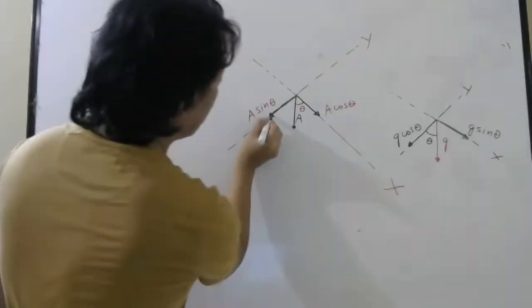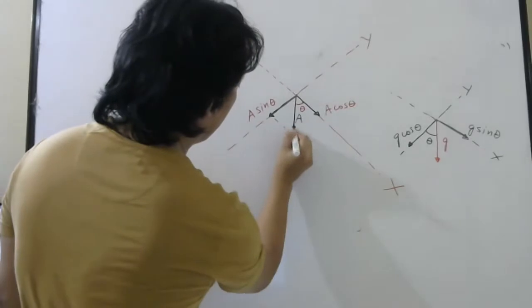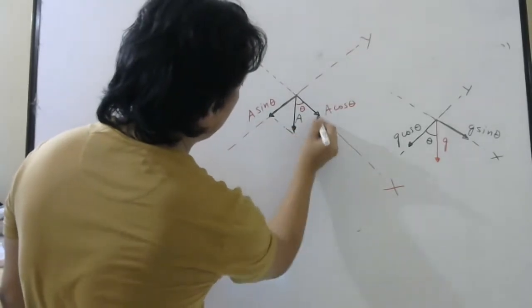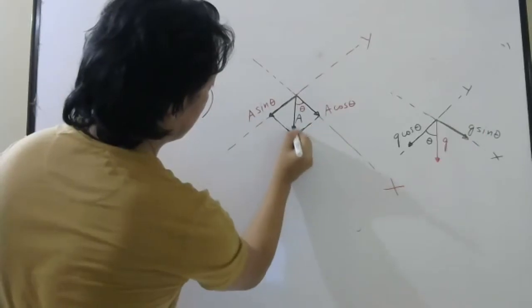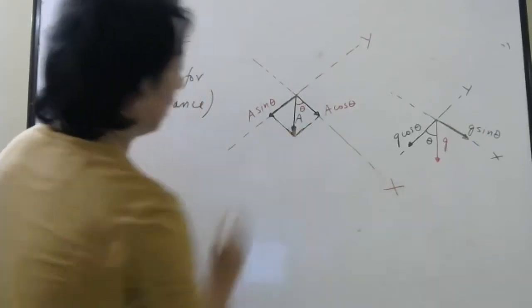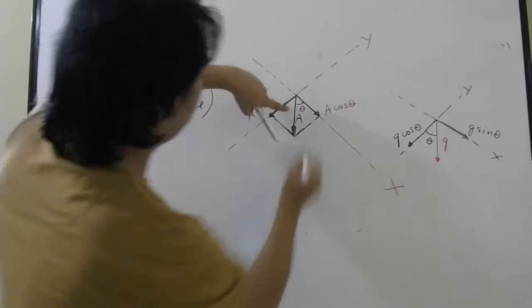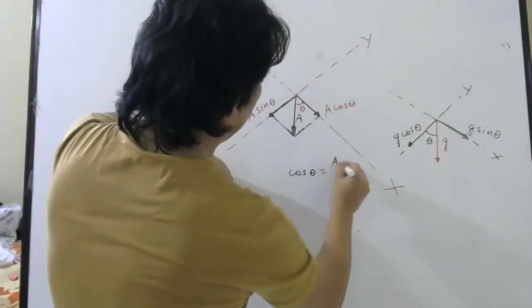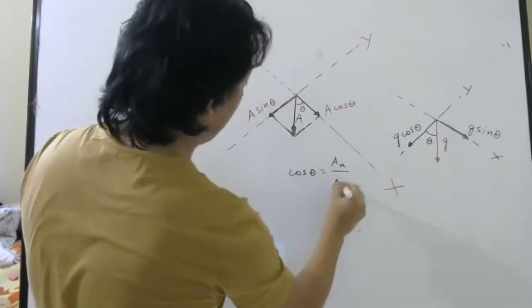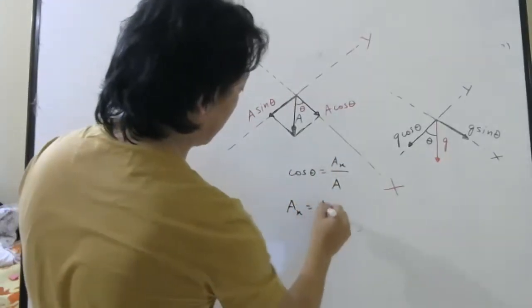Those who have not understood, you just make one triangle here. Sorry, you make a rectangle like this, and then apply the sine theta formula. So cos theta will be adjacent ax by hypotenuse a, so ax will be a cos theta.